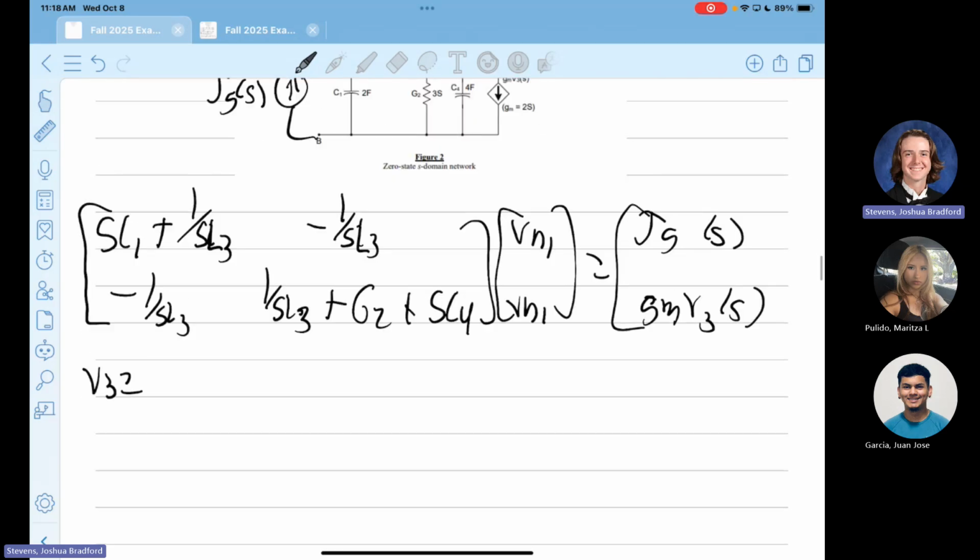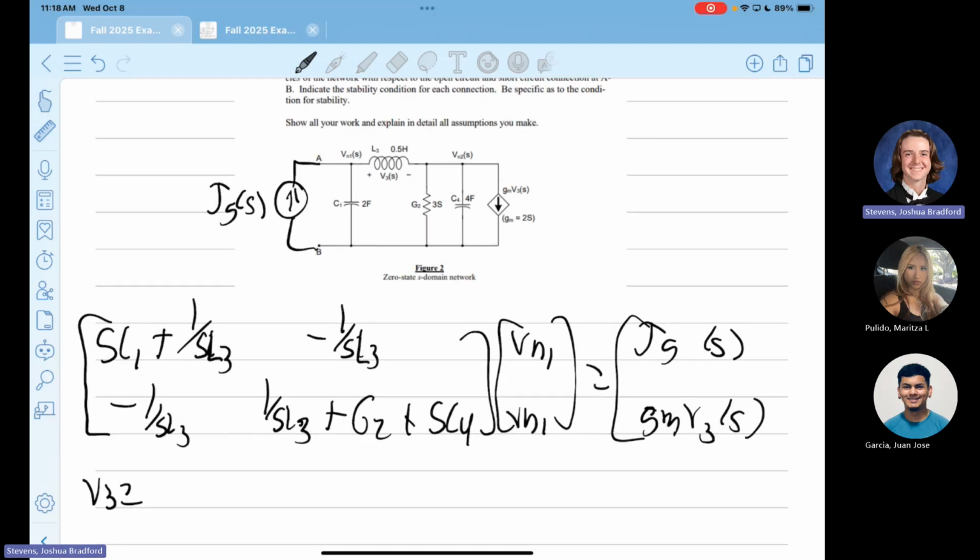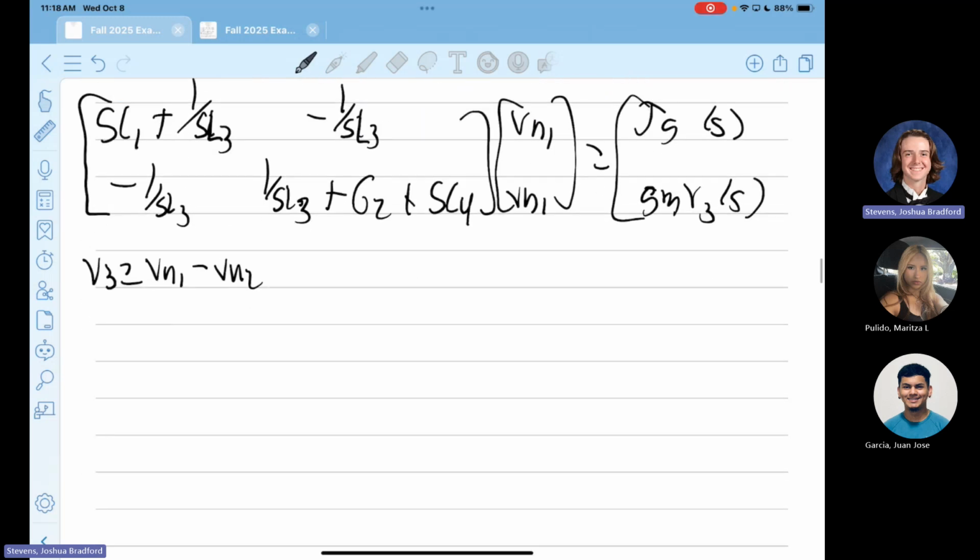So V3 of S is what in terms of nodal voltages? V3 of S is right here with the polarity of positive on the left, negative on the right. VN1 minus VN2. I guess these are all S's, but whatever.